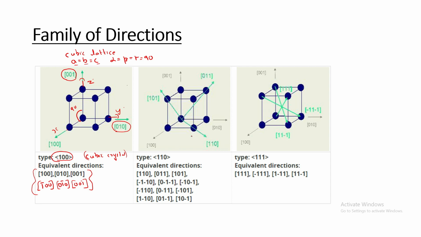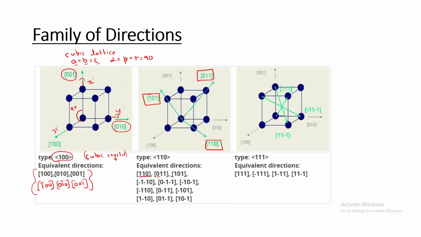So now let us look at another example. So here the directions I have chosen are 1, 0, 1, 1, 1, 0, and 0, 1, 1. If you pay attention, all these directions are equivalent by symmetry. That means if you rotate this crystal by 90-degree in the x-axis, y-axis, and z-axis, all these directions will be equivalent.